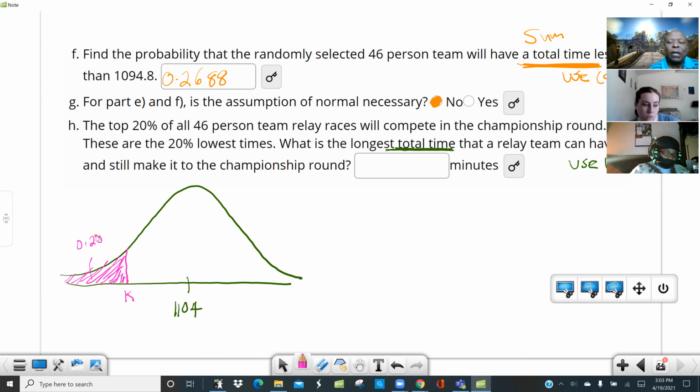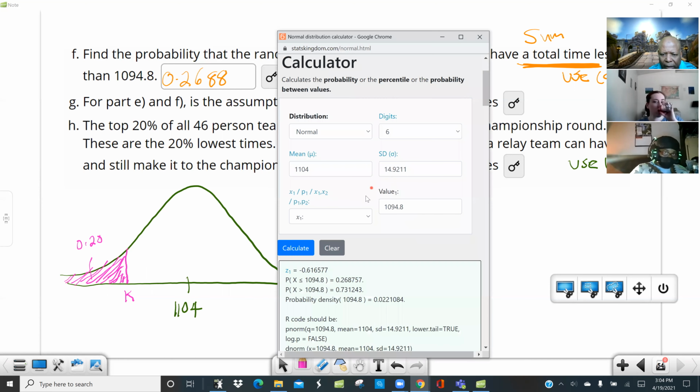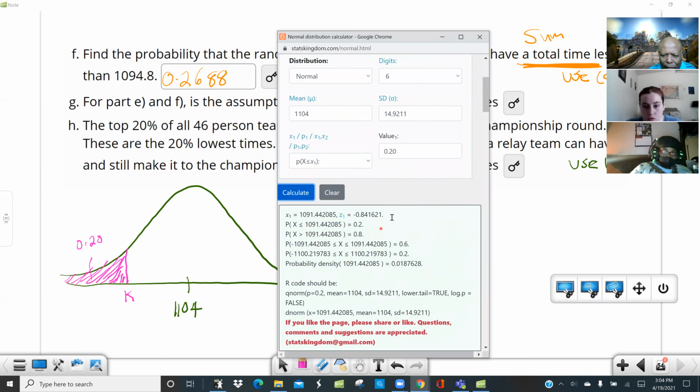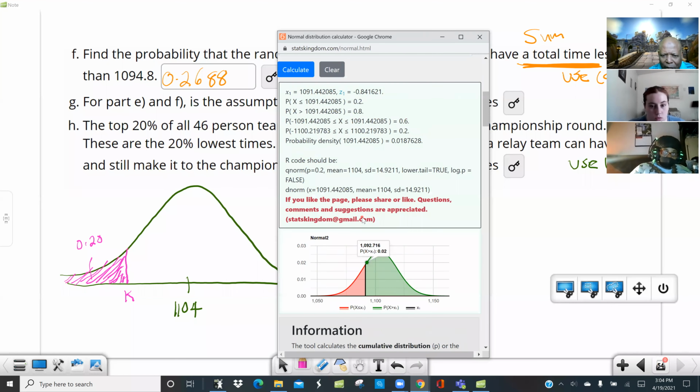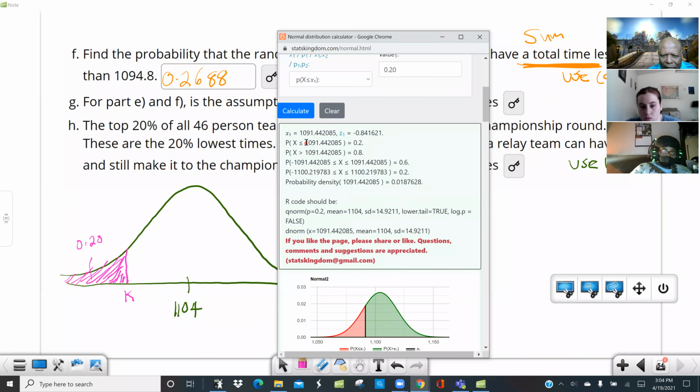So I bring up my normal distribution for the sums, and I give it 0.2 and ask for the cutoff number for 20% of the runners. And sure enough, it is 1091.44.